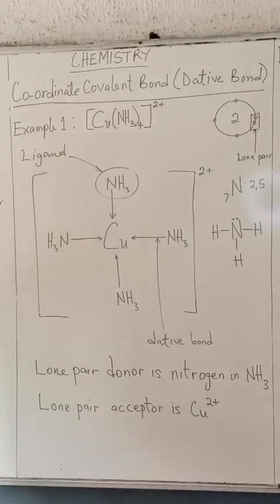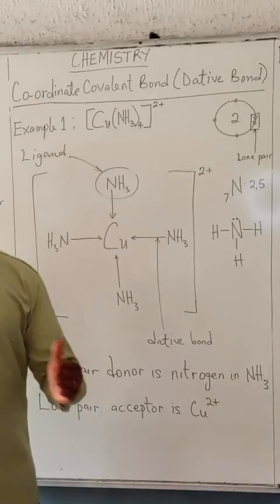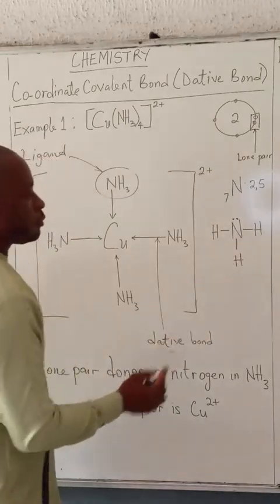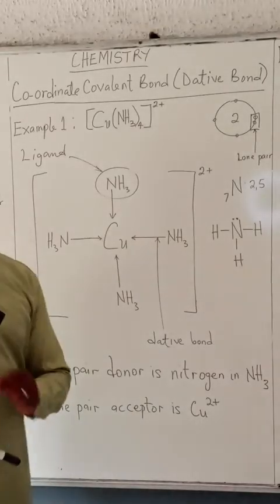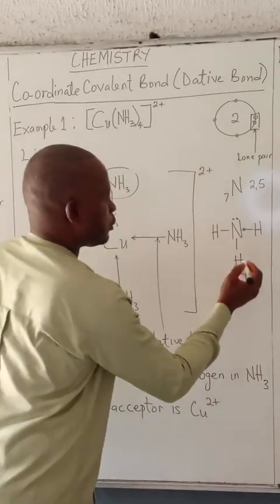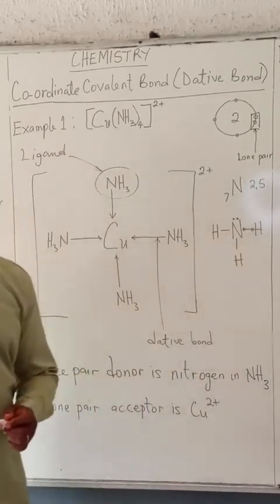The difference is that in single covalent bond, the two atoms that are taking part, like here, the nitrogen and the hydrogen that are taking part in the formation of this single bond, each contributes one electron. This nitrogen brings one electron, this hydrogen brings one electron. Do you understand?